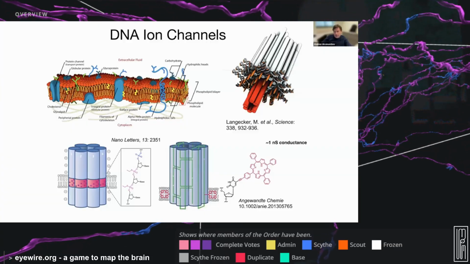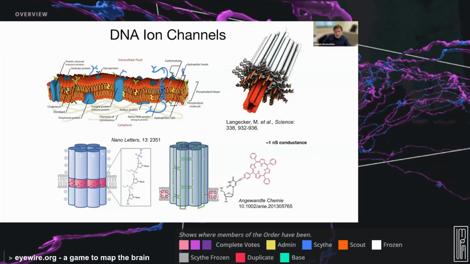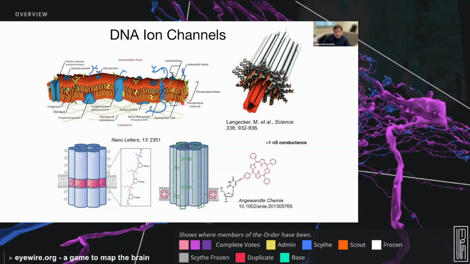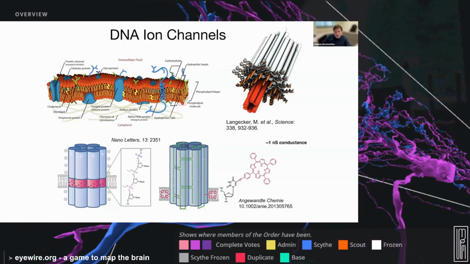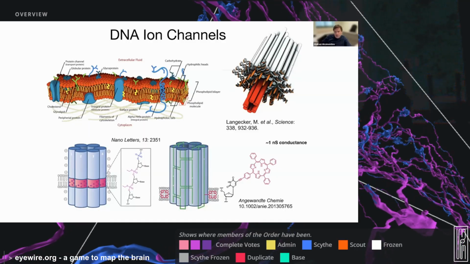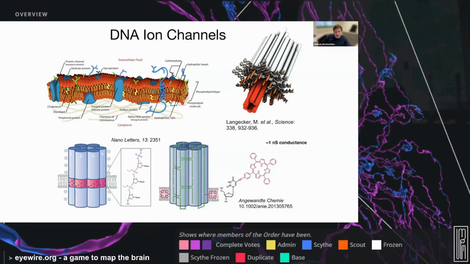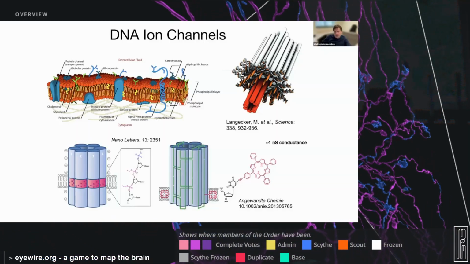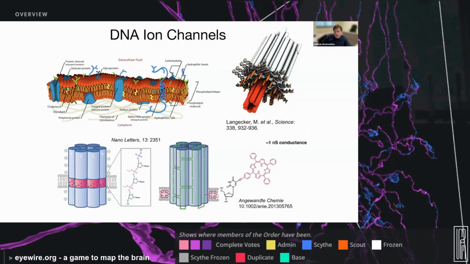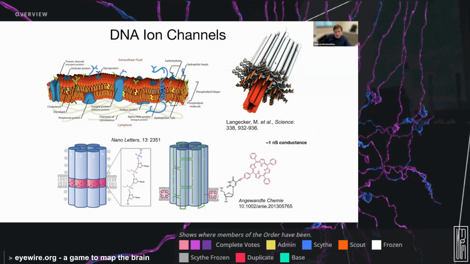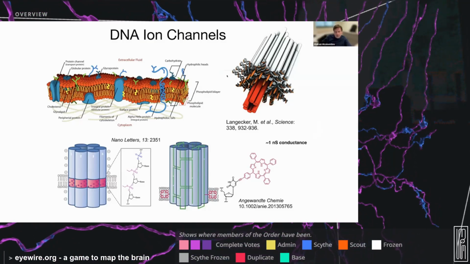But it turns out that if you add enough hydrophobic parts to a DNA construct, you can facilitate its insertion into the lipid membrane. So, for example, in this pioneering work by Friedrich Simmel and Henrik Dietz, they added a bunch of cholesterol anchors to a DNA origami construct, and that just inserted into the lipid membrane.